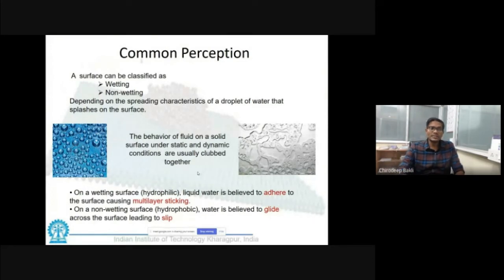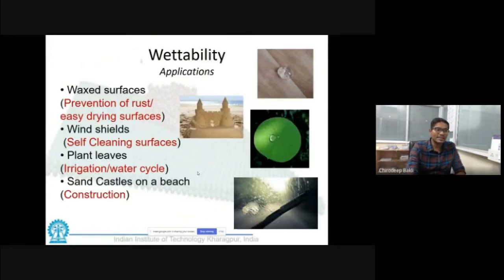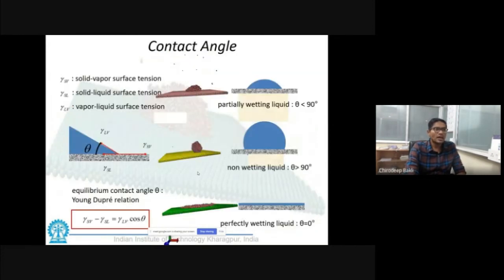With this concept, and obviously the contact line, we would come to these applications later. Associated with wetting is the concept of contact angle, which is basically the angle subtended within the fluid by the fluid-vapor interface on the side of the solid.